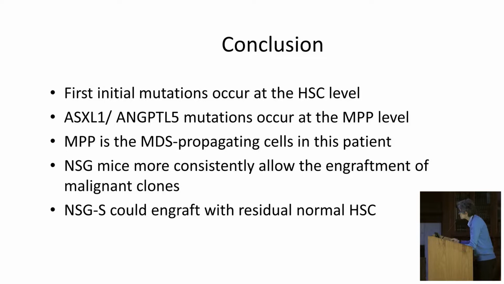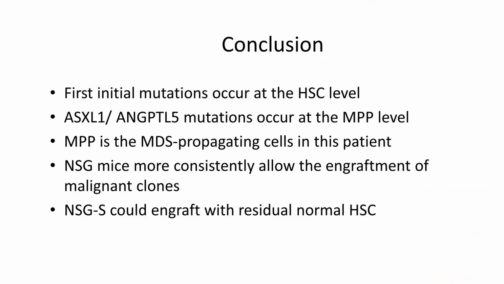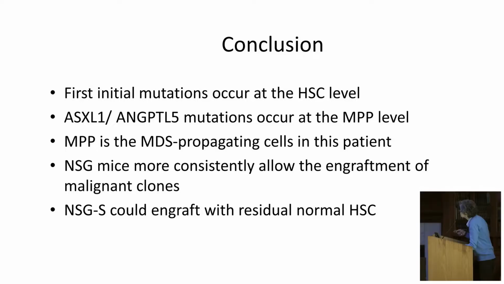Here we can show that probably the SXL1 and angiopoietin-like 5 mutations that occur only at the MPP level may be responsible for gaining a certain level of advantage of the MPP. And so this emphasizes the fact that even in MDS there's a quite heterogeneous disease, and you have to do functional analysis in order to really conclude whether or not the propagating cells are HSC or not.